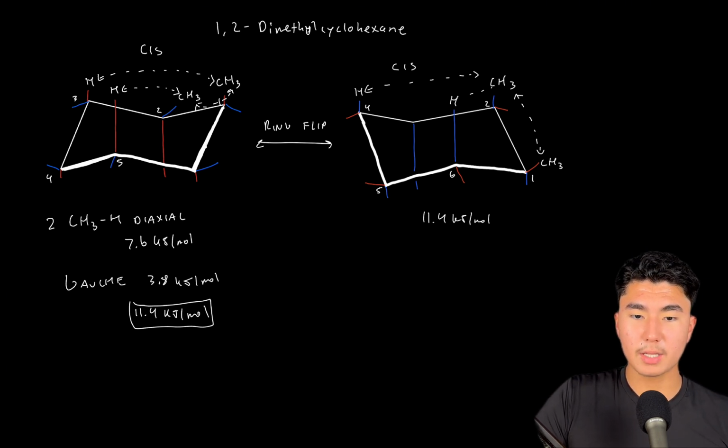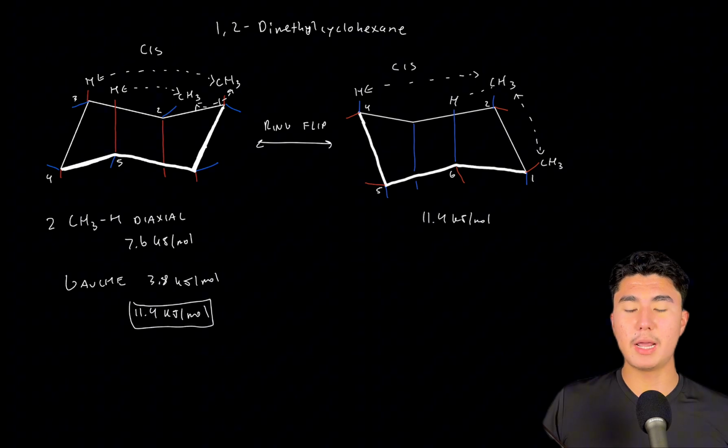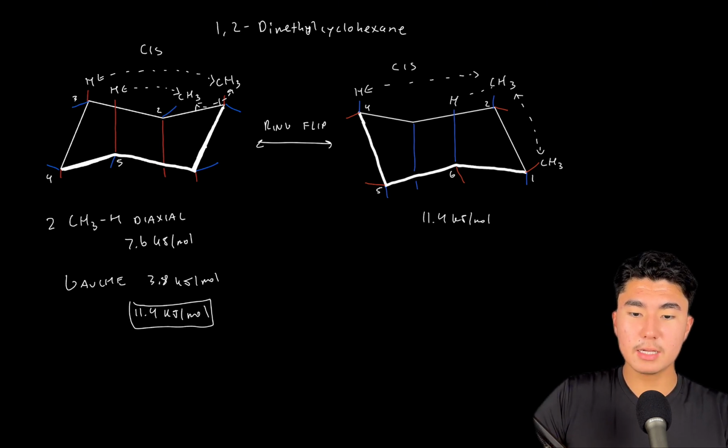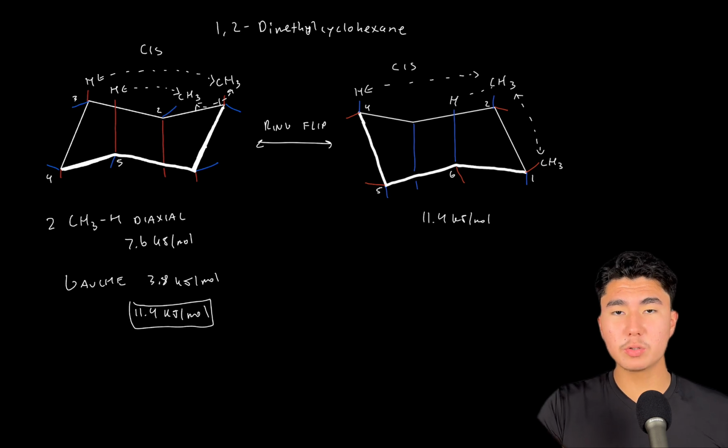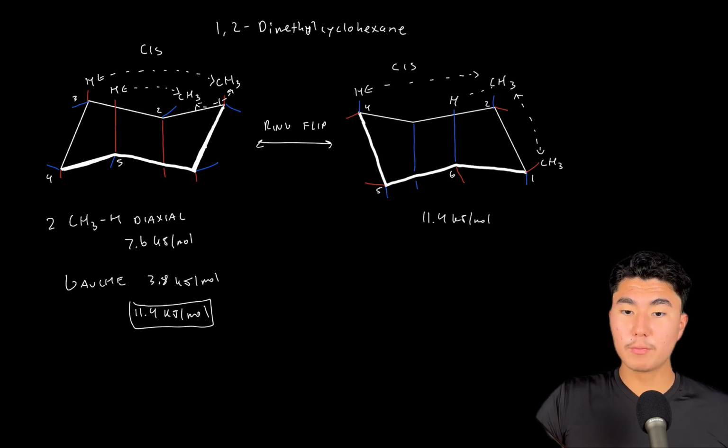And over here, these methyl groups are still going to interact with that gauche conformation, and this is going to result in the exact same energy. So 11.4 kilojoules per mole, because we have 2 of these diaxial interactions, and we have this gauche interaction over here between that methyl on the top and the methyl on the 1st carbon.